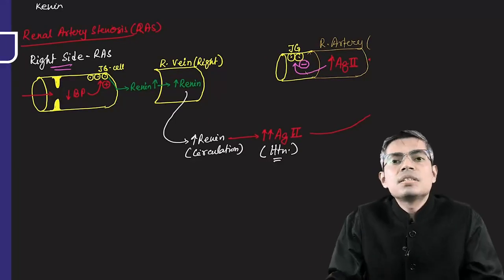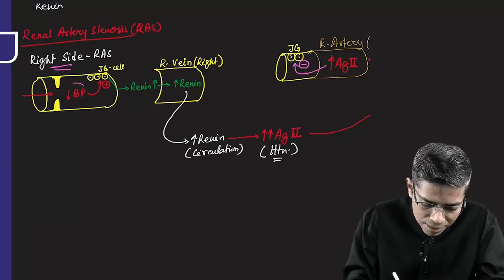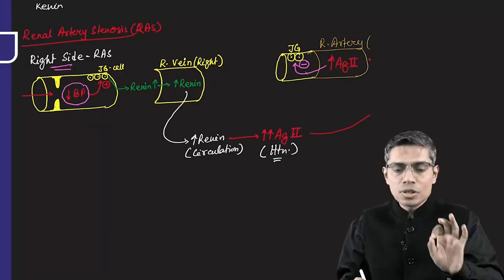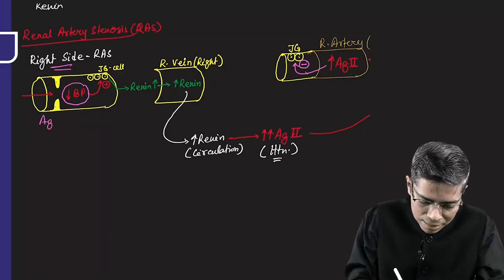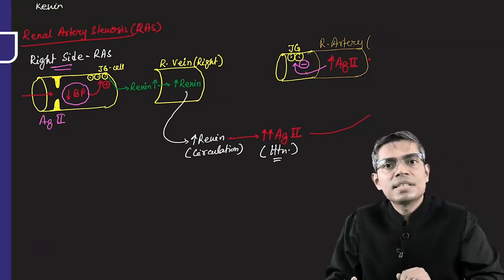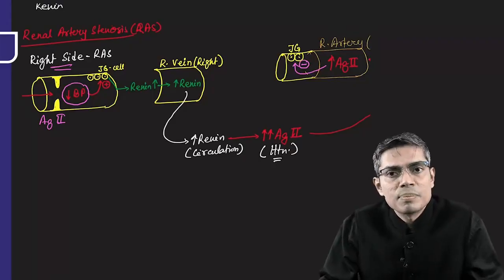The answer is, which one is the most potent stimulant? Hypotension. There is already a very low blood pressure due to the stenosis. So although angiotensin 2 is high even at the level of the right-sided renal artery, it will not be able to inhibit the JG cell, because the JG cell is already stimulated by a more potent stimulus, that is renal hypotension.